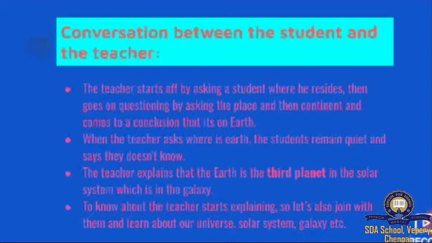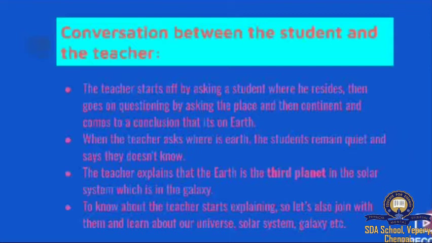But when the teacher continues questioning where Earth is, the student remains quiet and then says that he doesn't know. The teacher starts explaining that the Earth is the third planet in the solar system, which is in the galaxy.